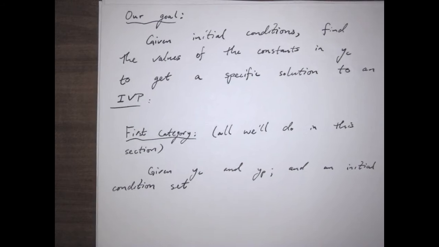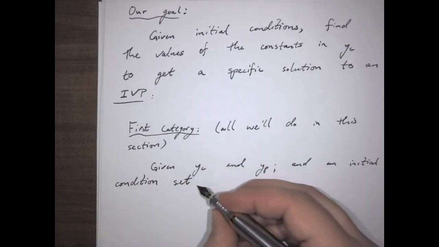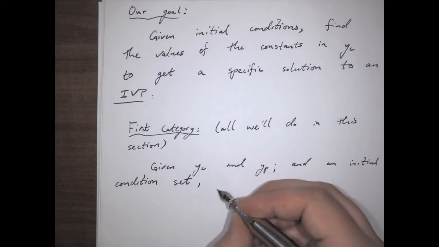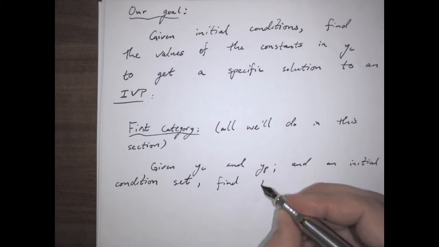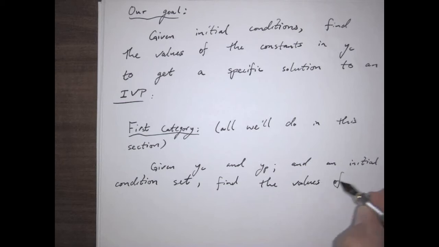If it's order n, you'll need n initial conditions. We'll find the values of the constants, which we'll always call C1, C2, etc.